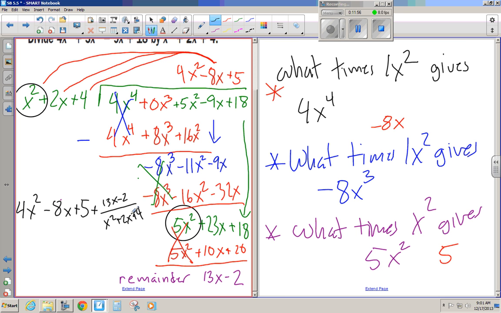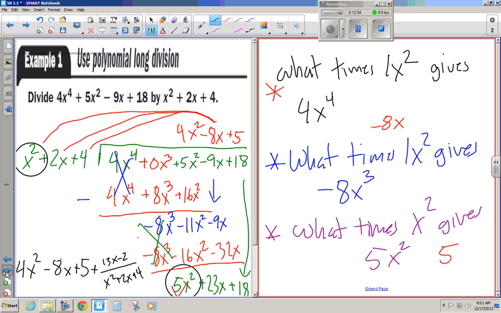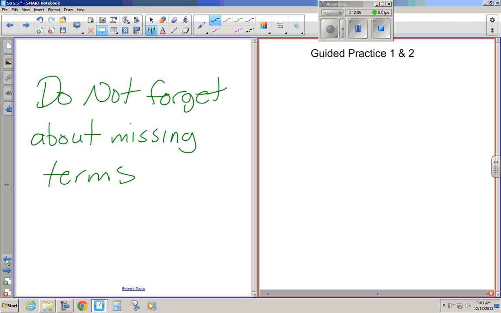All right. So this example should not take 8 minutes. You should be able to do these much faster than 8 minutes. And I'll do the guided practices here a little faster than 8 minutes. But that was our first time.